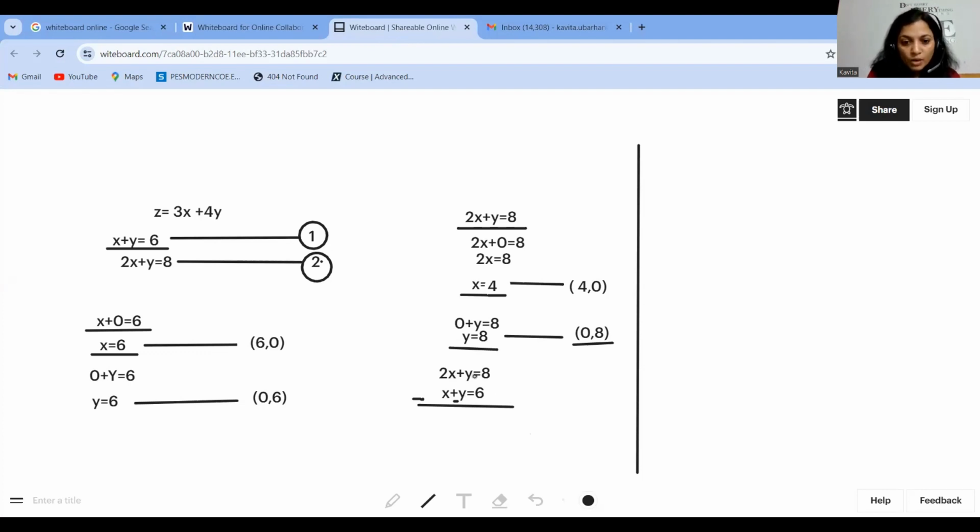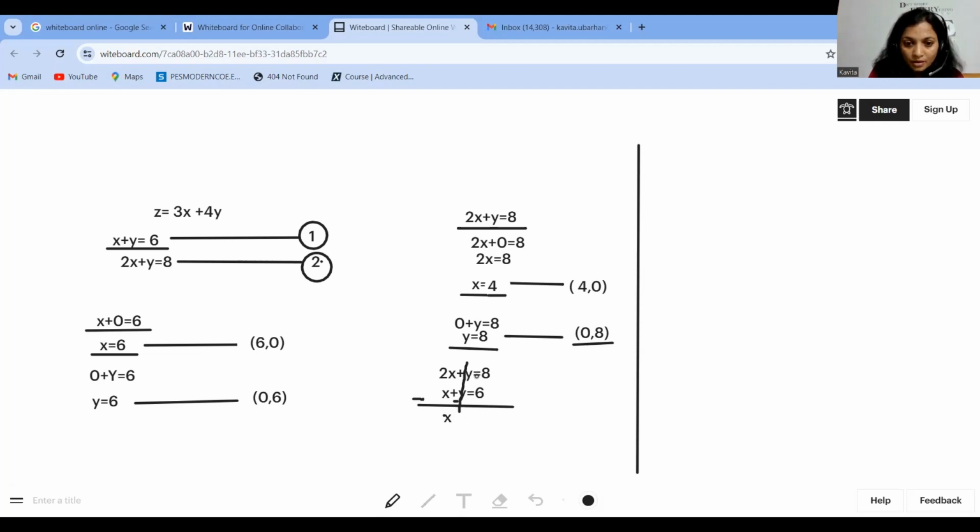I am subtracting the second equation from the first one. So 2x minus x will be x, and y minus y will get cancelled, that is 0.